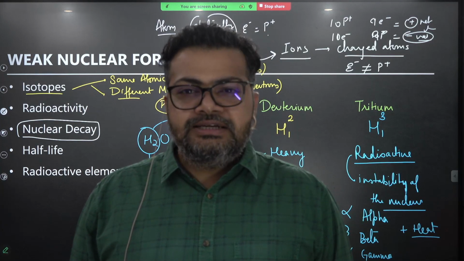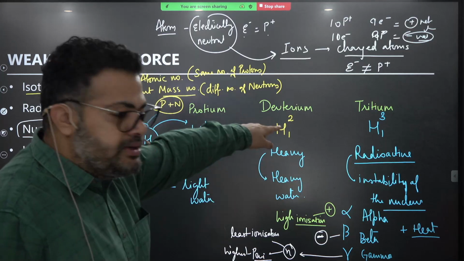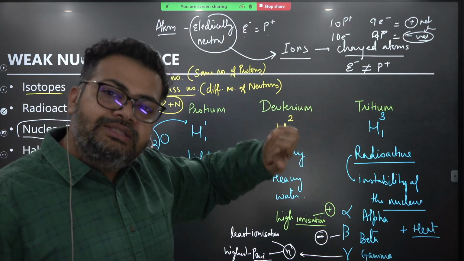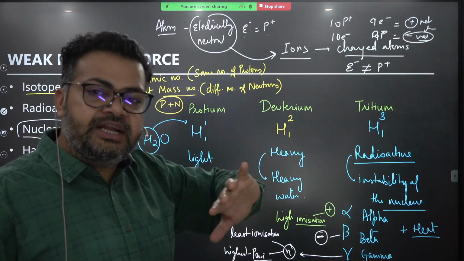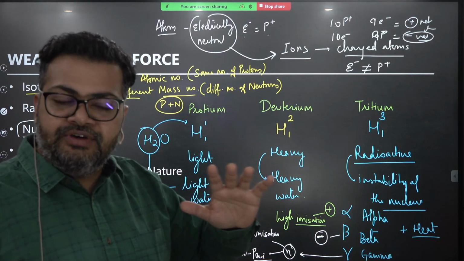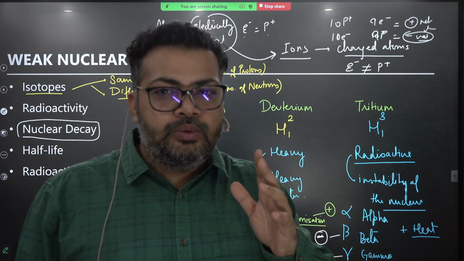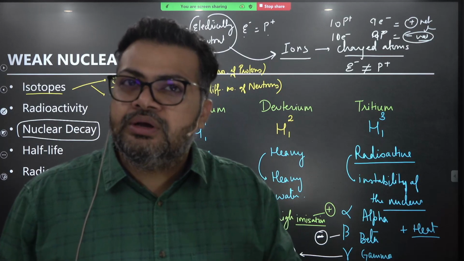And if it is a temporary phenomenon, that means tritium, which is radioactive today, once it loses all its instability, once the instability is gone, don't you think the element should not remain tritium anymore?